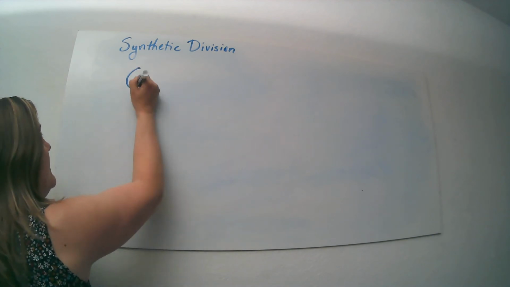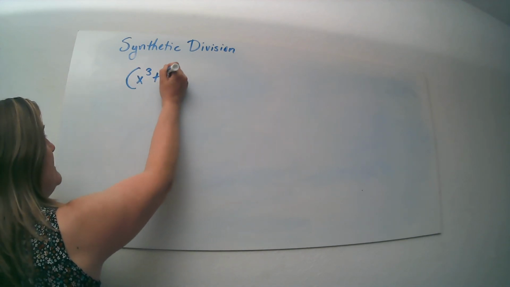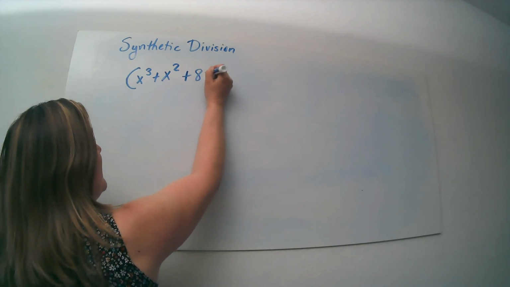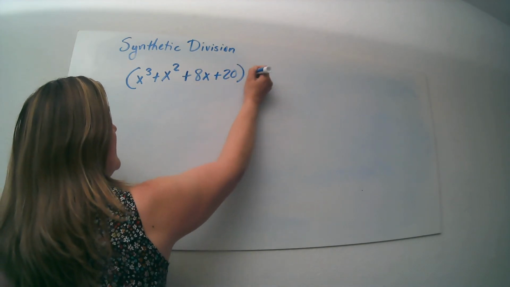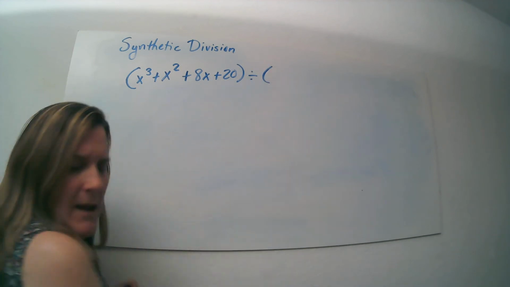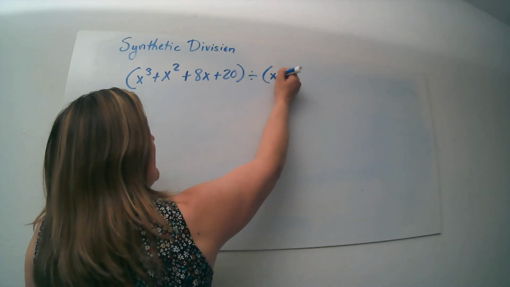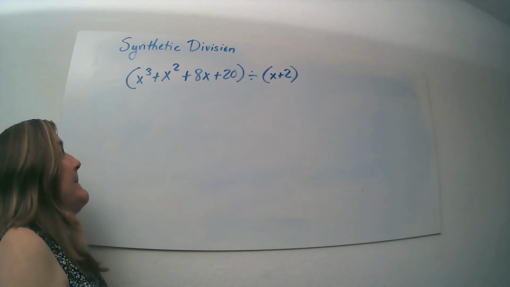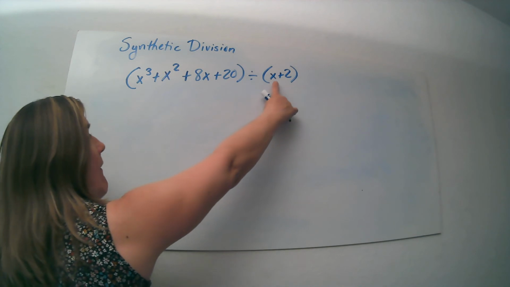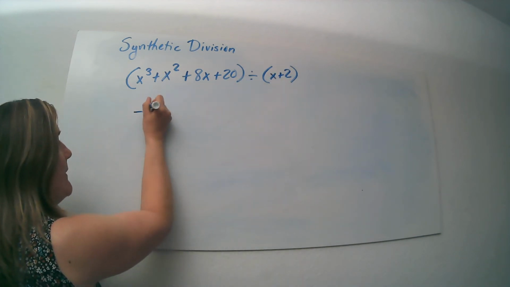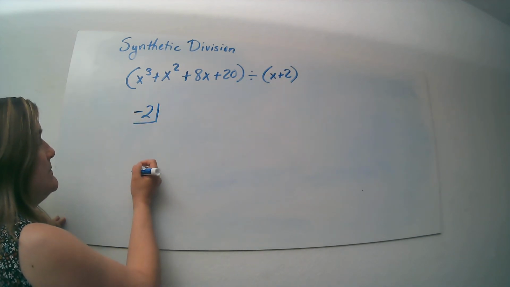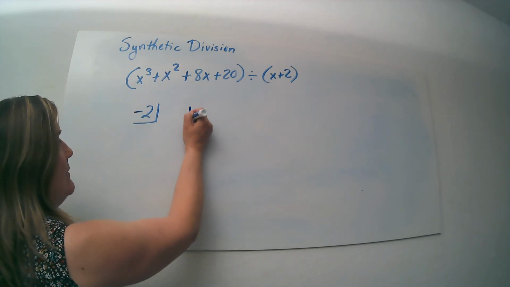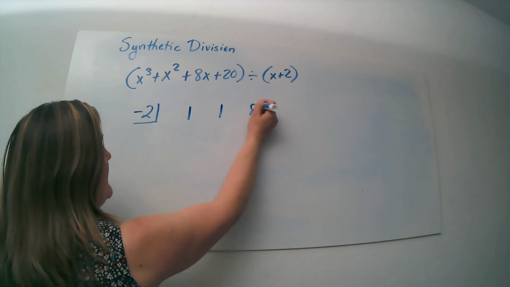We're going to divide x cubed plus x squared plus 8x plus 20 by x plus 2. So the opposite of this number is in our box. And our coefficients of our dividend go right here, 1, 1, 8, and 20.